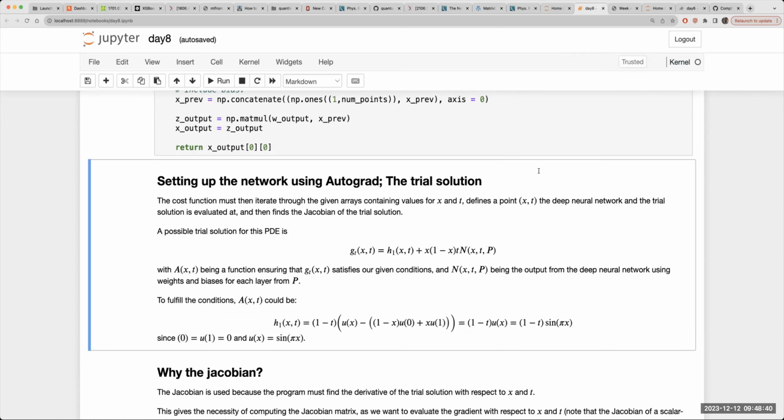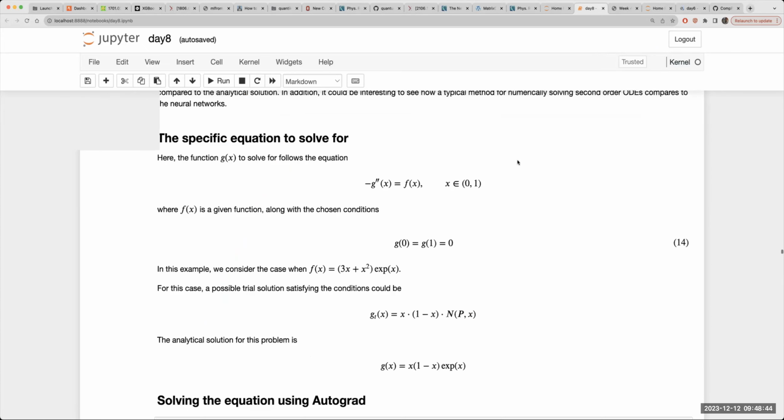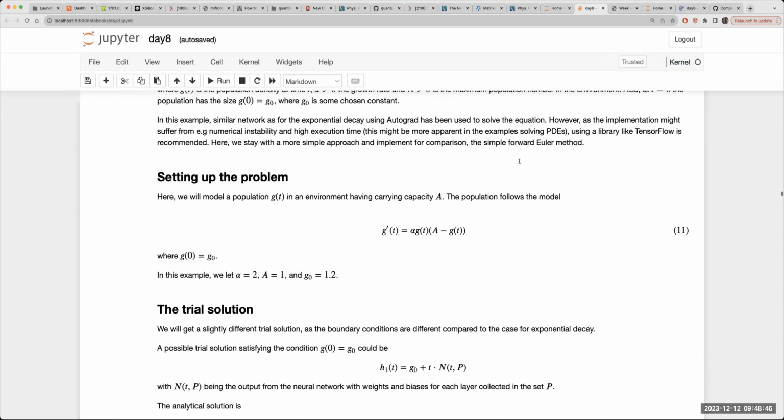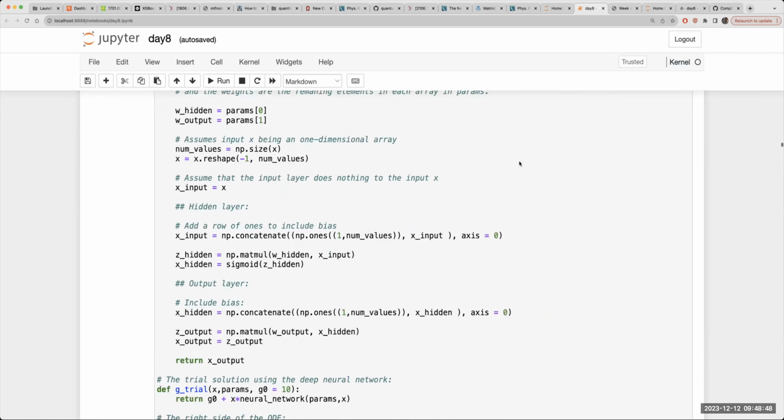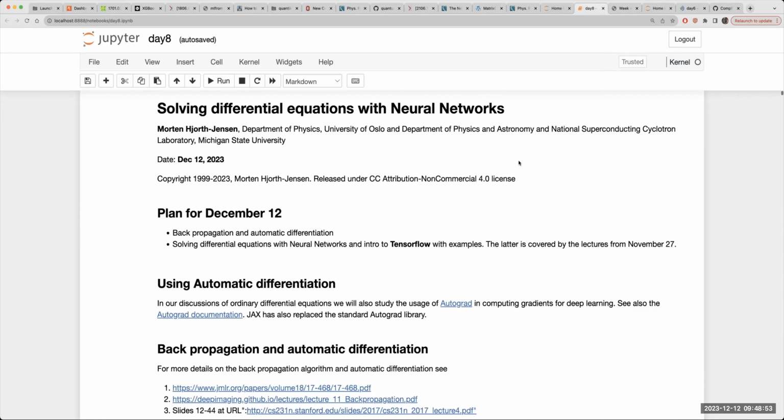So if we now go back to the material for today, if we scroll up a little bit, I just wanted to show you how you can use neural networks to solve differential equations. We discussed backpropagation and automatic differentiation in the previous lecture, and we are going to use automatic differentiation when setting up the solution of a differential equation.